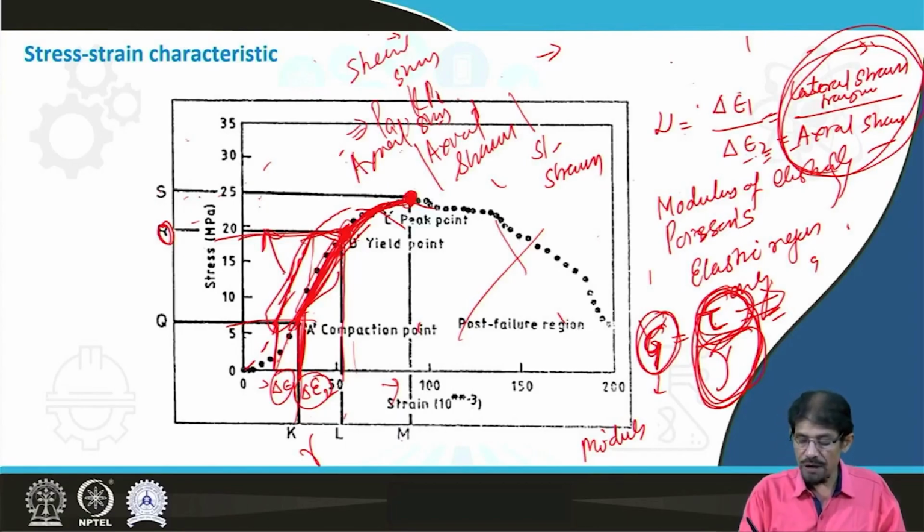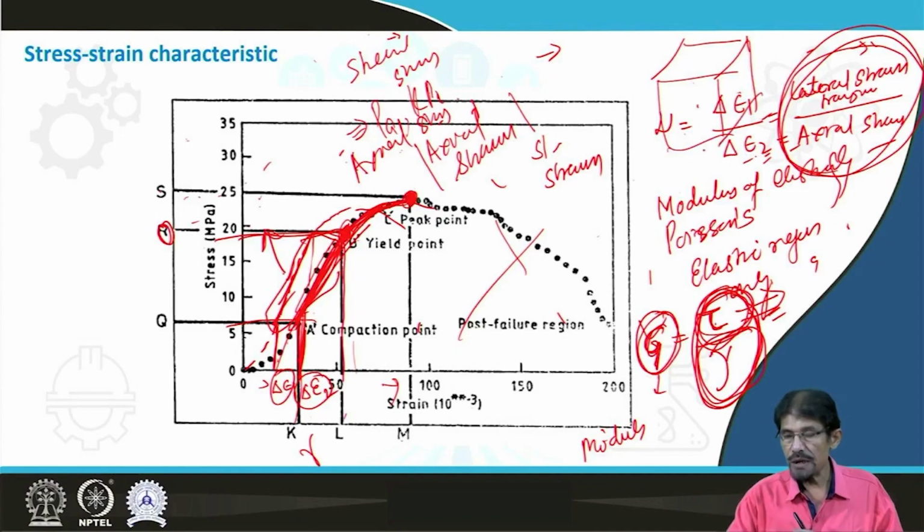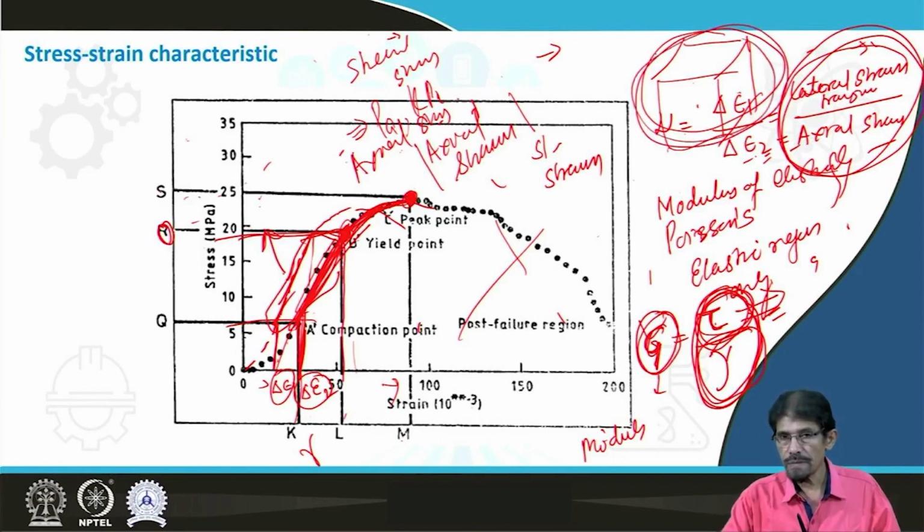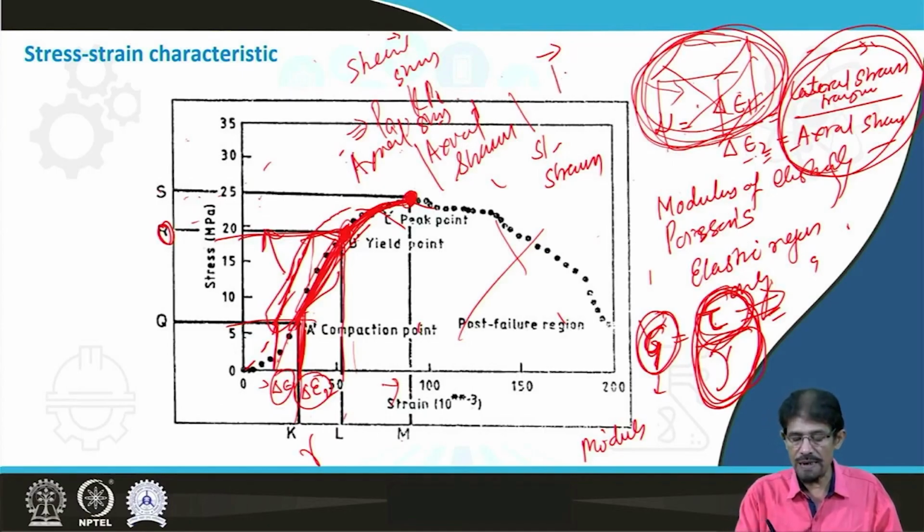In case of three-dimensional consideration, in triaxial stress condition, there is a change in surrounding stress condition or resultant stress condition, deviatoric stress, and then the change in volumetric strain we recognize as the bulk modulus.